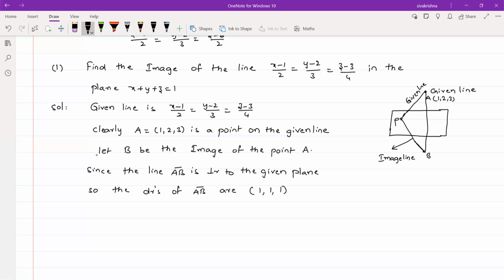Now we can find the equation of the line AB, since we have the DRs and also the passing point.